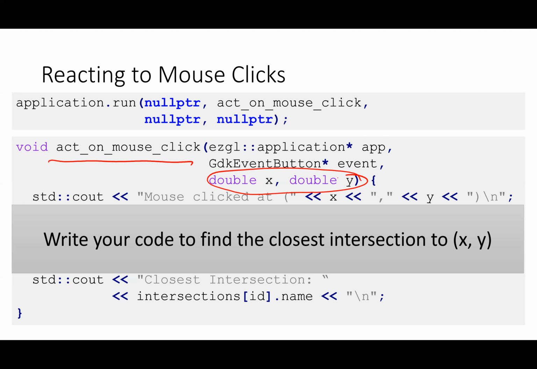Sometimes students ask, could EasyGL just tell me? Could I just ask EasyGL what's the closest intersection? No, no graphics package can do that because it does not know what you're drawing. This is like a graphics area where you're drawing anything you want. It has no idea what you did. It just knows it's going to call some redraw function and you're going to do something. So if you want to know what the person clicked on, you have to write that code.